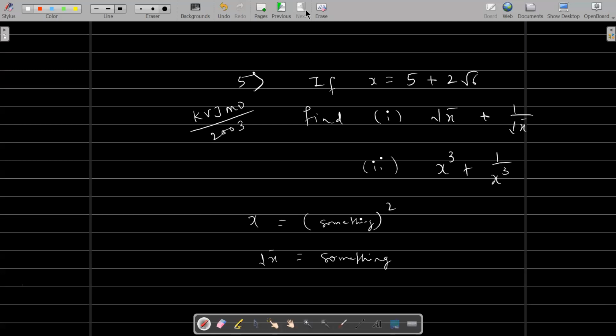Okay, so let's do the first part. Once we get the first part, perhaps the second may be easier. So x is 5 plus 2 root 6, and root 6 I can write as root 2 into root 3. So that is good. So do you see this is now, 5 I can write as root 2 square plus root 3 square plus 2 times root 2 root 3, and which means x is root 2 plus root 3 whole square, right?